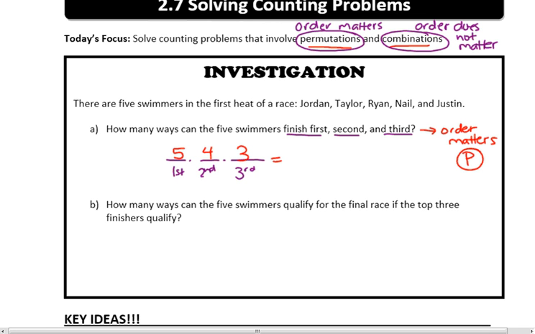Notice how nobody can get first, second, and third; that's assumed in permutations and combinations, that there's no repeats. So that gives us 60. We could have also solved this by saying we have 5 people, and we want to pick 3 of them and order them in their positions. That also gives a permutation because order matters.